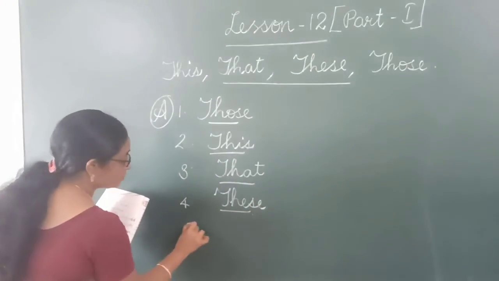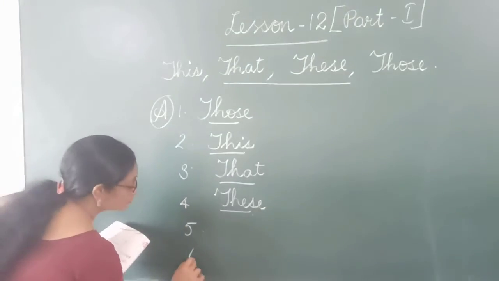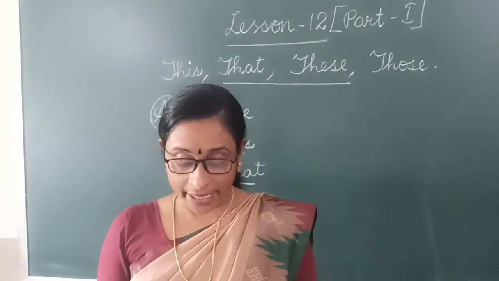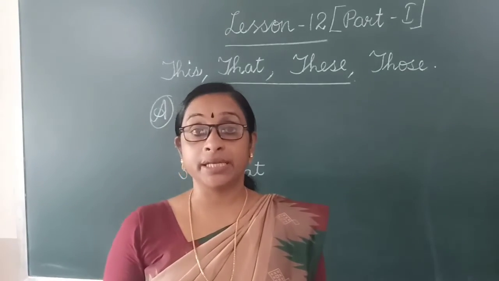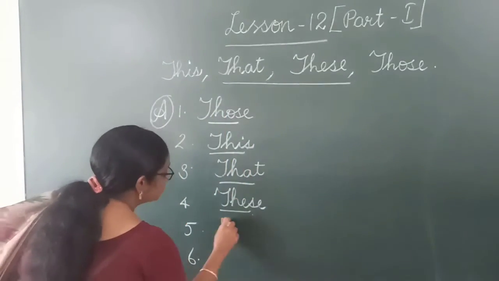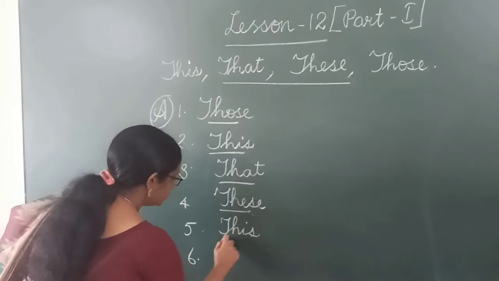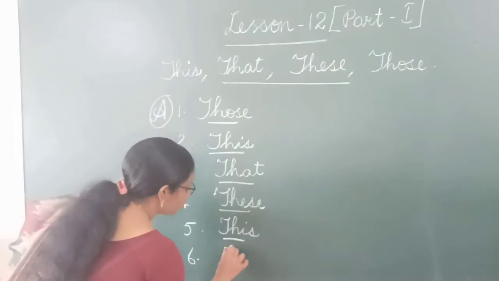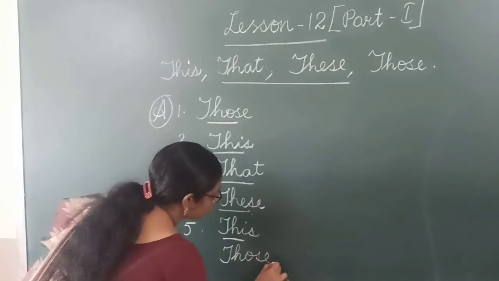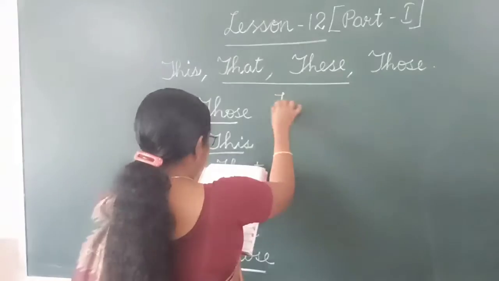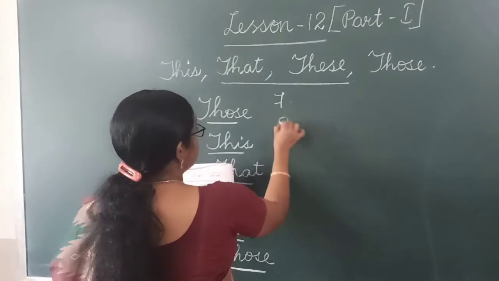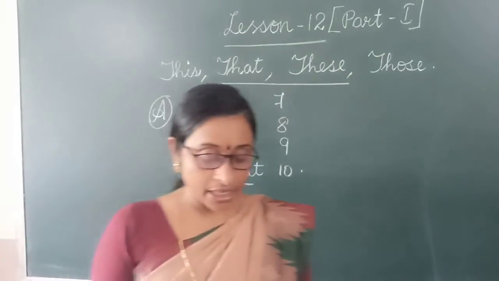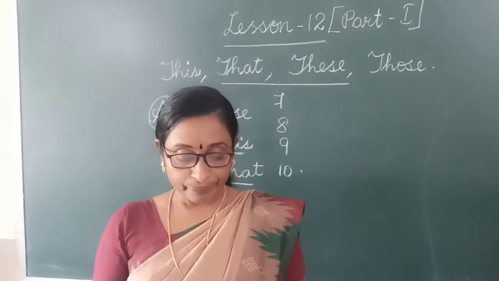Now we are going to write number 5 and 6. Dash sharpener is red. This sharpener is red. Next one, dash are notebooks. Those are notebooks. A pointed finger is there, so you will write those. Then number 7, 8, 9, 10, we can write together. 7th one, dash is a map of India.